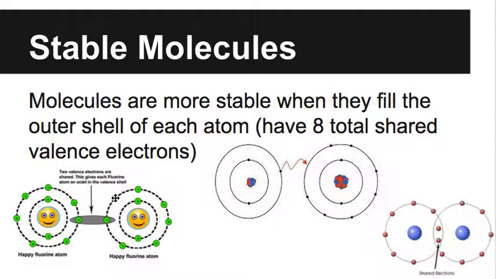So we look at this fluorine atom, 1, 2, 3, 4, 5, 6, 7, but when he shares it with his partner over here, he gets an 8th one, and it's true for the other fluorine atom. Here's another graphic representation of that. Having 8 electrons makes molecules happy.